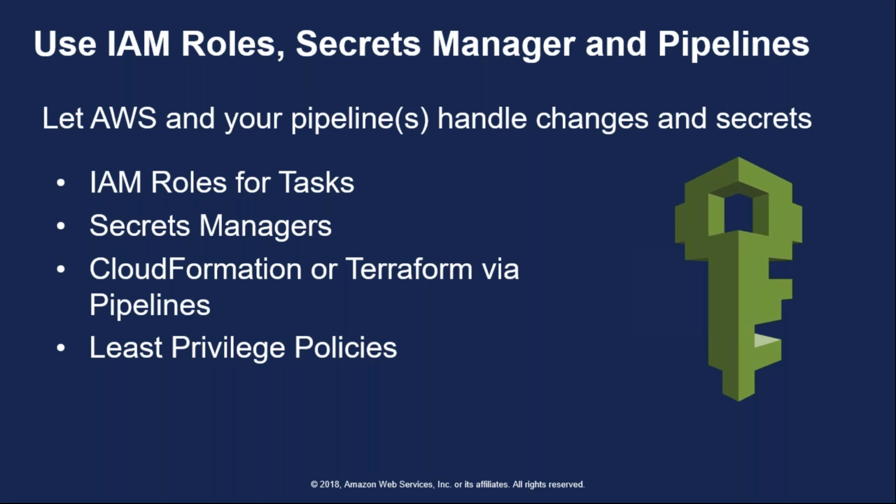Rather than that, you should actually use IAM roles for tasks. For secret management, you should use either the parameter store or the secrets manager, which is recently released. For any change, you should do it through either CloudFormation, or if you are doing Terraform, you should let those changes be done by that.